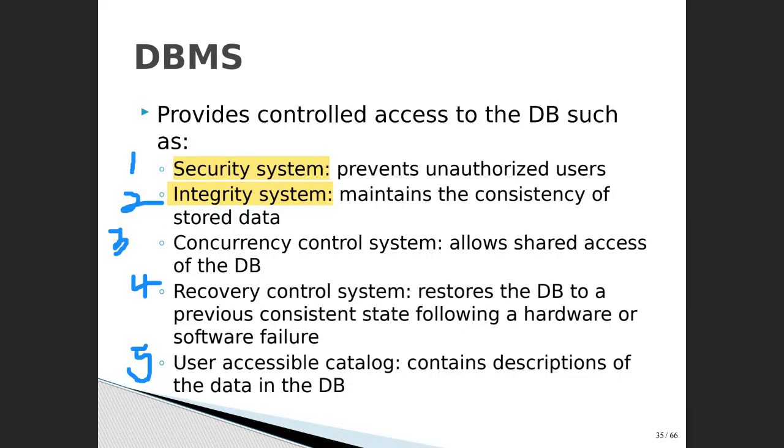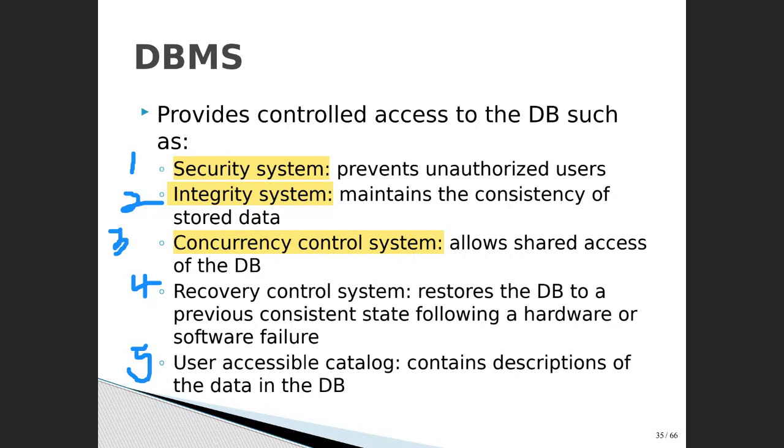And then there will be concurrency control system. All right. Which means that it will allow multiple users to get access to the database at the same time. So concurrency control means that you remember the file-based limitations. There was only one person allowed to get access to the system at a time.